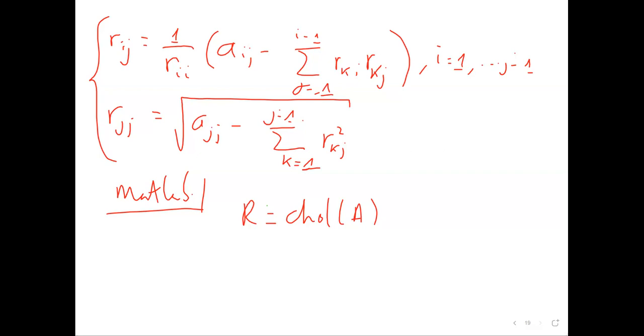Let me type a matrix. I think we did an example already. We had A equal to 2, minus 1, 0, and then symmetric, then 0, minus 1, 2.